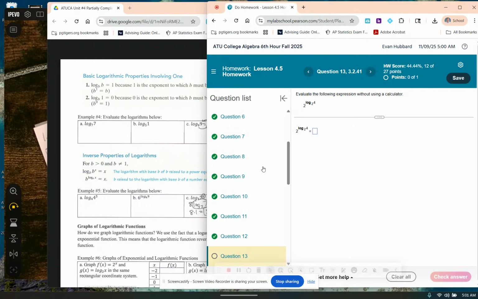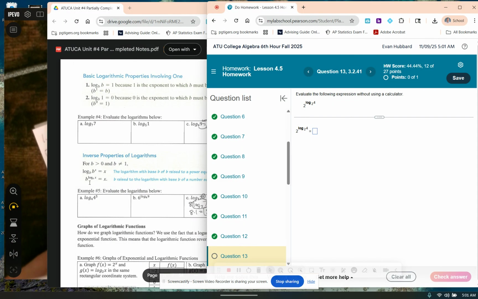Kind of the same thing here. You have a base and it's log of the same base with a value. These two things just cancel basically, and you're just left with the value there, that 4. So 2 to the log base 2 of 4. I'm going to write this again.